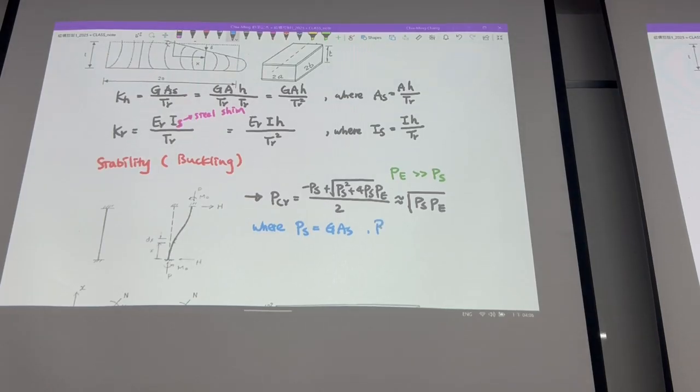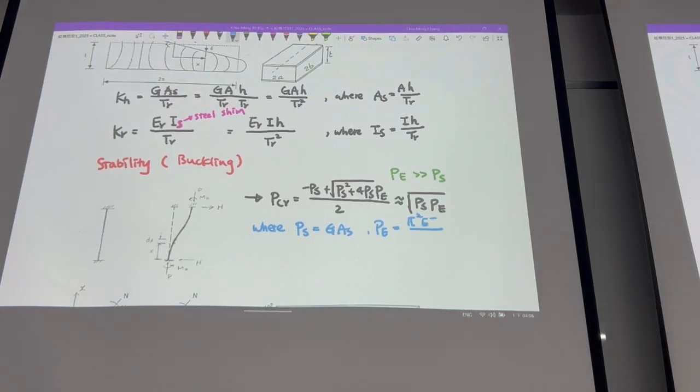Then PE is pi squared EIS divided by H squared.